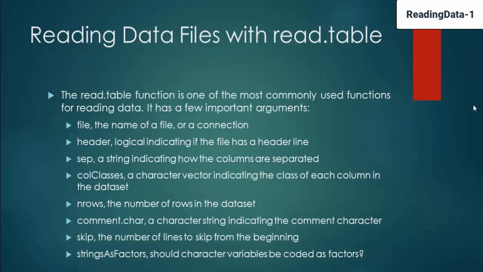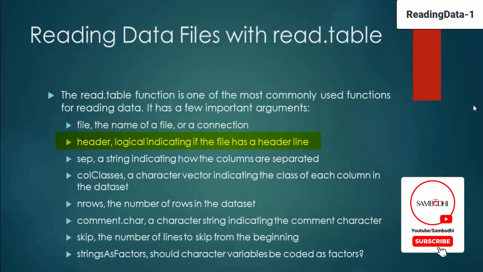As you would be aware, in a programming language, an argument is something which you can pass into a function, and using that, the function will extract the things that are needed. For example, read.table has an argument called file, which is the name of the file or the connection from which the data needs to be extracted, and header, which indicates if the file has a header line, which is similar to your HTML and XML pages.